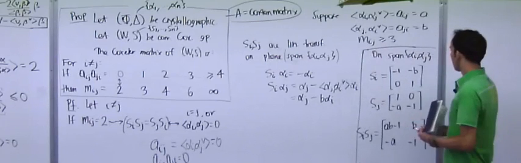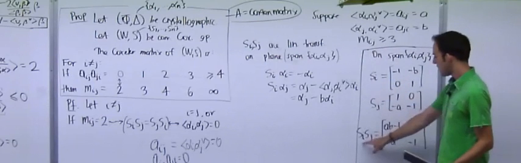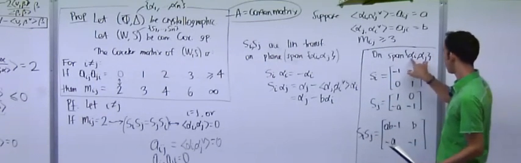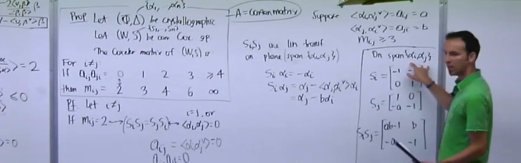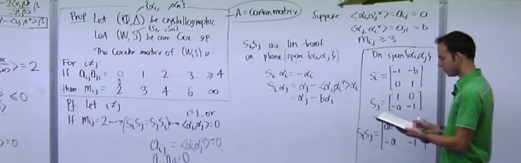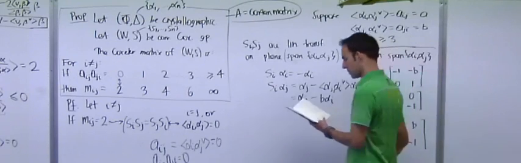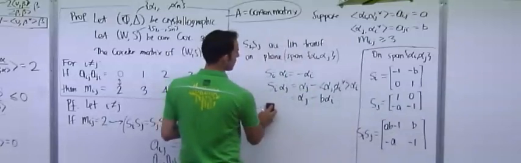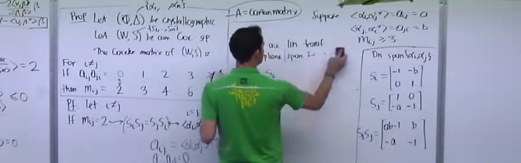Okay. So this is what S_i S_j does on the plane of the span of alpha i and alpha j. That's the matrix. Okay. So that's what it does there. Okay.